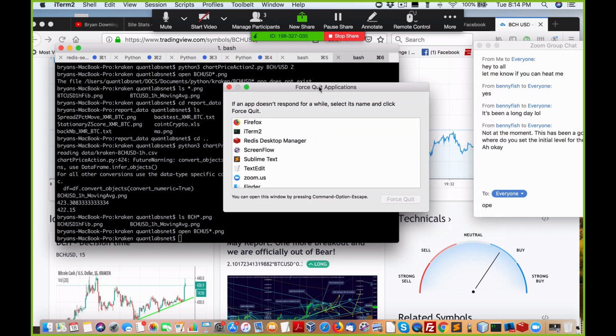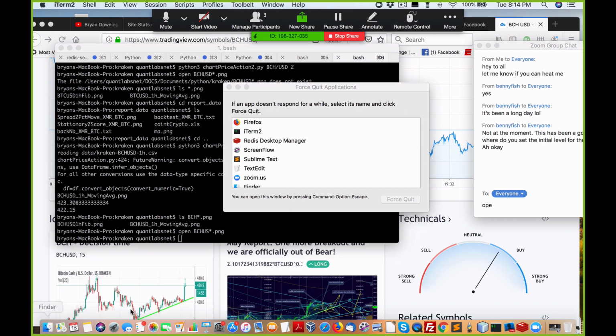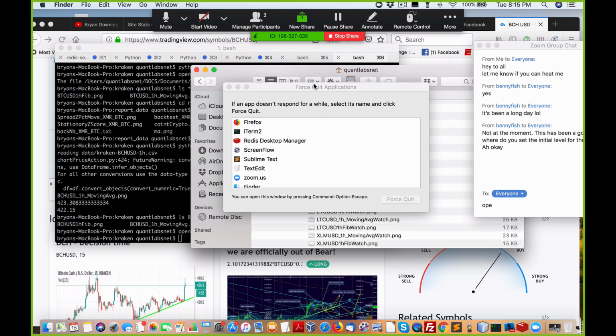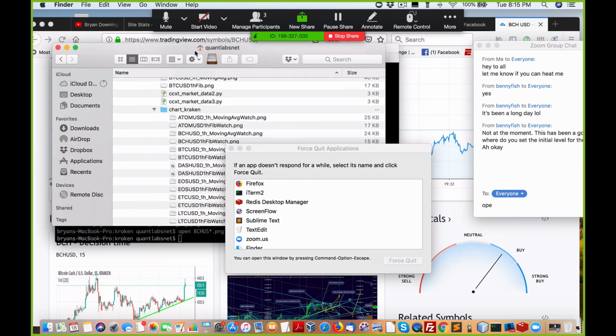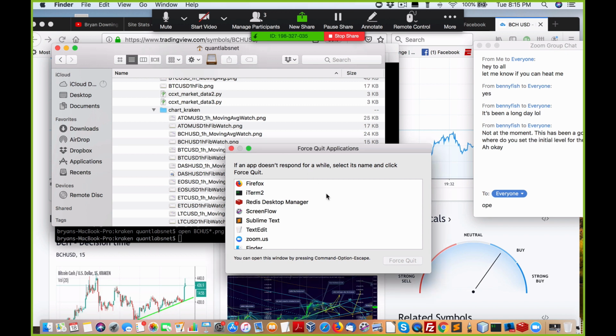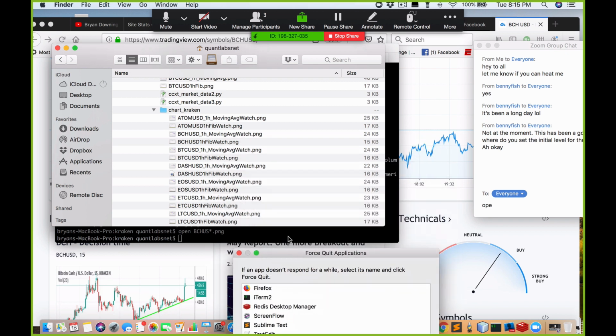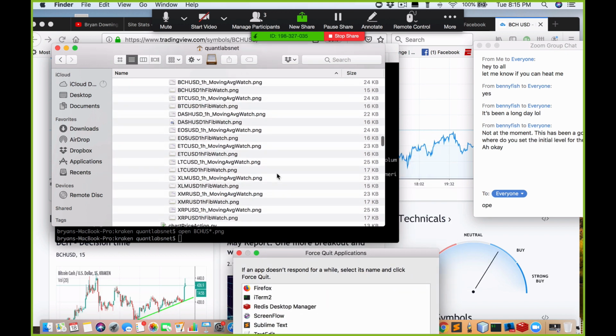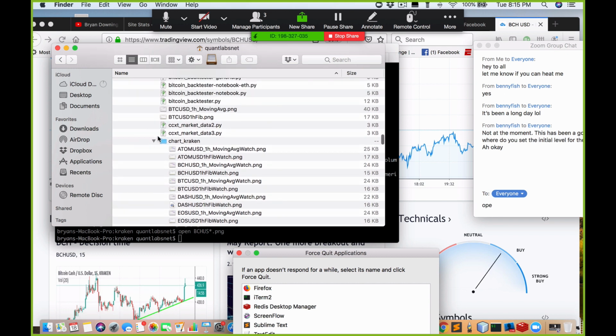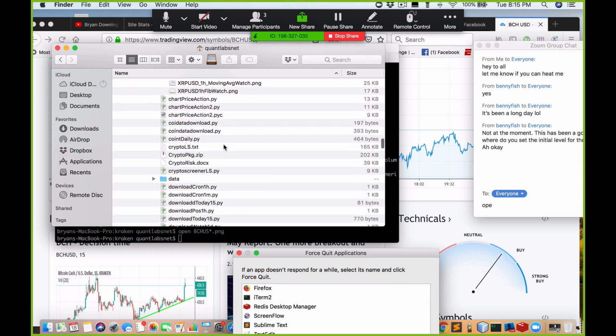So I show this sort of thing every hour in the data, in the charts, in the Word documents and whatnot, and in the Excel spreadsheets as well. And the best thing is it's all automated. Anybody else got any questions at all?